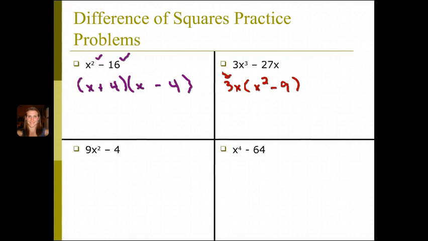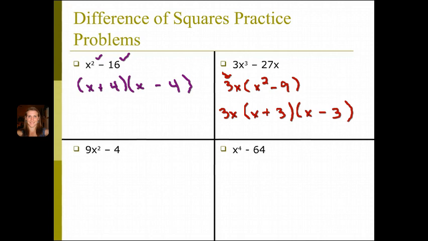We've got to focus in on our x squared minus 9. So 3x just comes straight down. Then draw your two parentheses. Give the first one a plus sign, second one a minus sign. The square root of x squared is simply x. And the square root of 9 is 3. And that is your final answer as far as the factor is concerned.